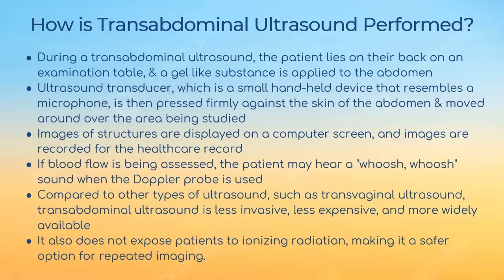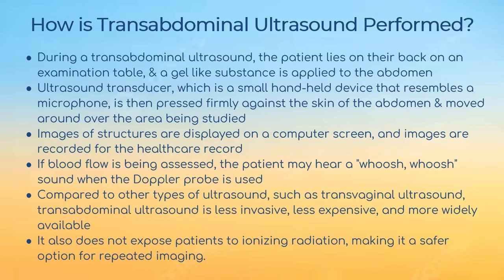How is transabdominal ultrasound performed? During a transabdominal ultrasound, the patient lies on their back on an examination table. A gel-like substance is applied to the abdomen. The ultrasound transducer, which is a small handheld device that resembles a microphone, is then pressed firmly against the skin of the abdomen and moved across the area being studied. Images of structures are displayed on a computer screen, and images are recorded for the healthcare record.